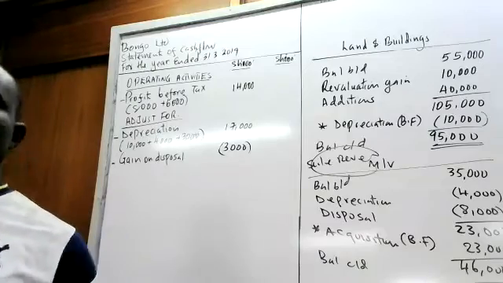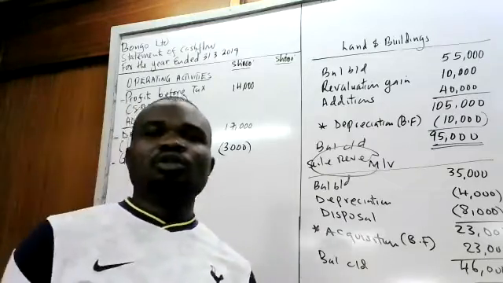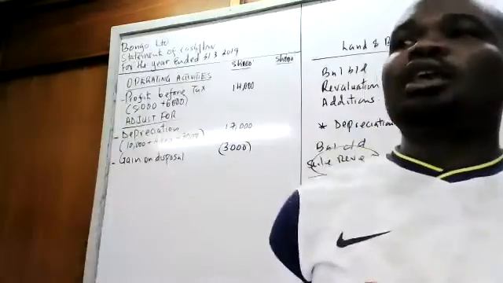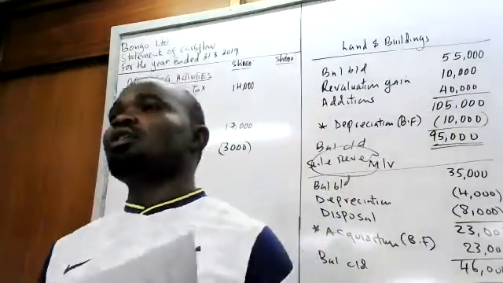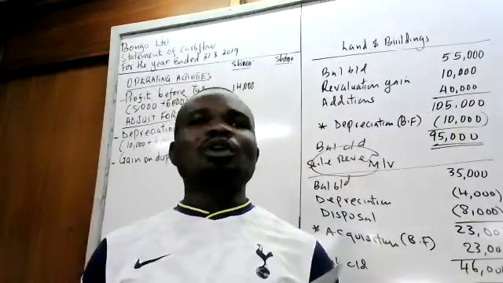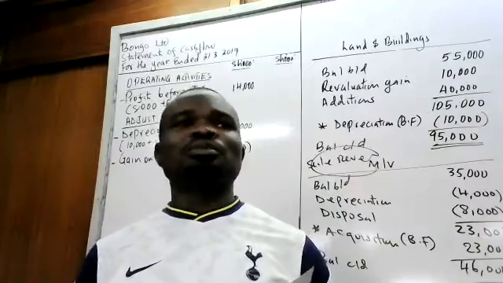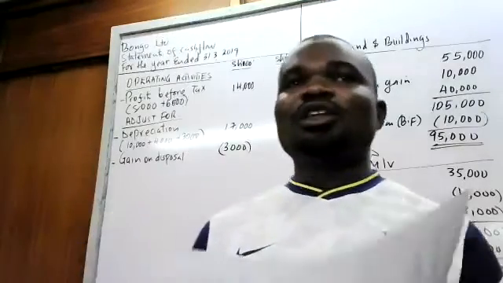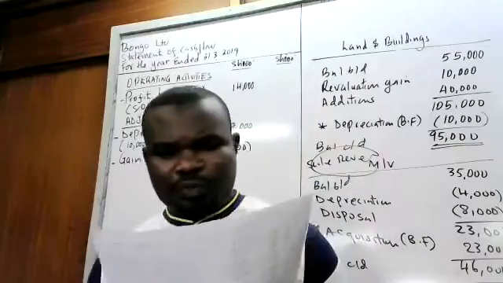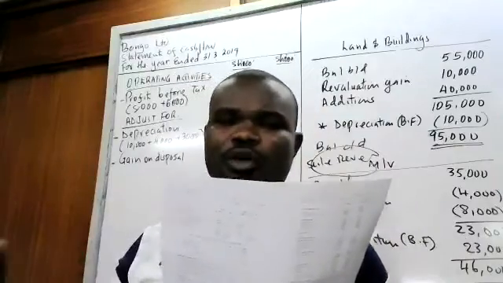Which one can you see and believe is not an operating income or operating expense? Number 4: interest expense charged to profit, correct.